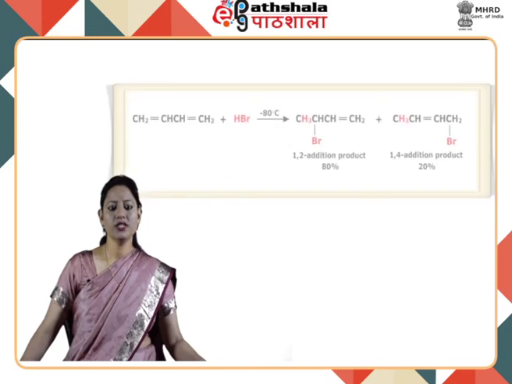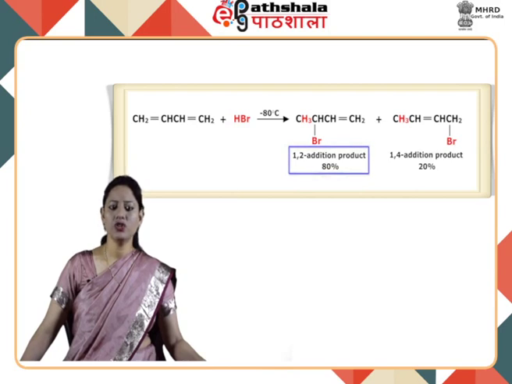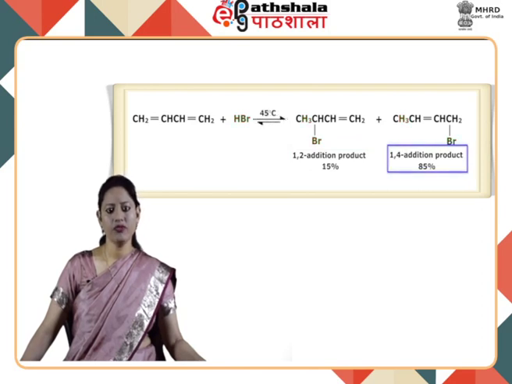At low temperatures, -80 to 0 degrees Celsius, the kinetic product is obtained as measured due to low activation energy, while at high temperature, 40 to 45 degrees Celsius, the thermodynamic product is measured due to greater stability.